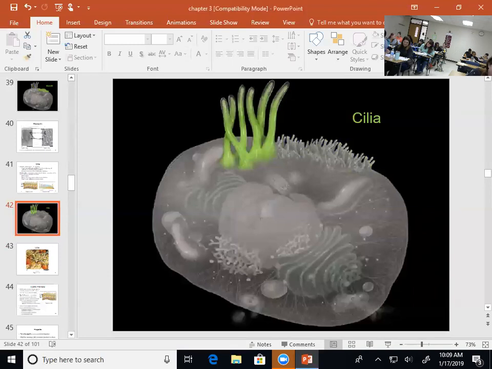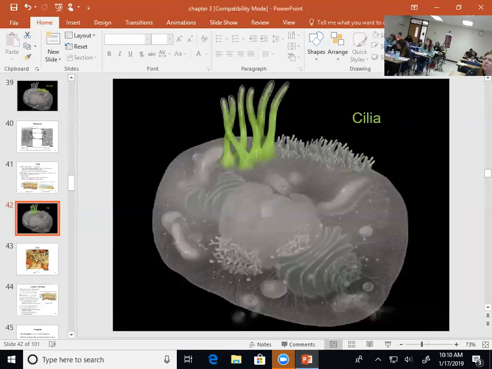If you look at a human ciliated cell long enough, you'll see there's rhyme and reason to how it's moving. Cilia are actually moving in a very coordinated fashion. They've got these motor proteins that are moving in a very special kind of way to move substances past the cell.